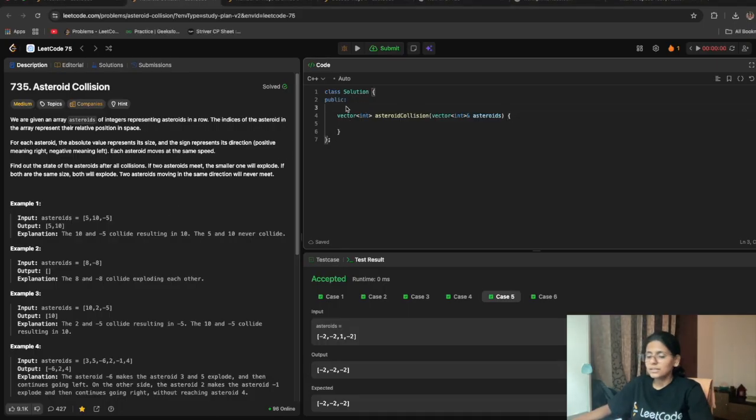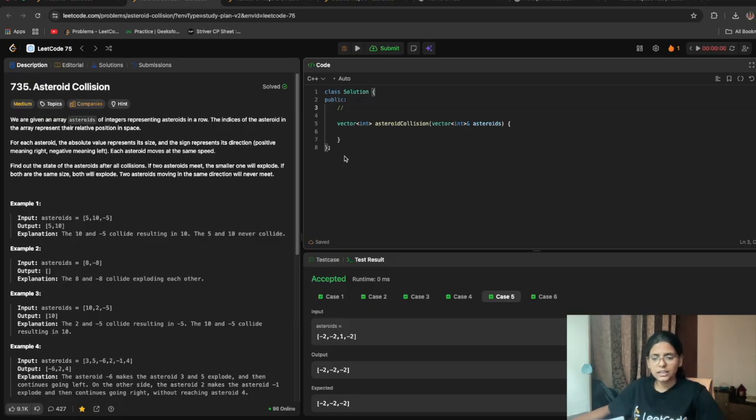So basically, first we will see what they want from us. They want collision. And what do we have? We have signs. Through the signs we get directions, and through the direction we can see whether they will collide or not. The collision occurs between two asteroids, right?